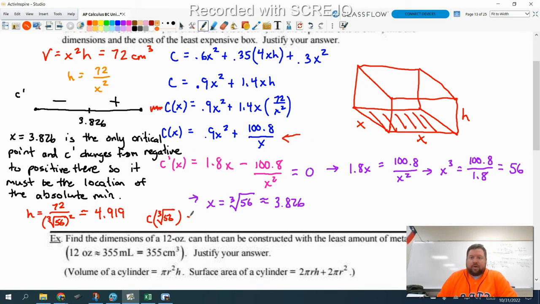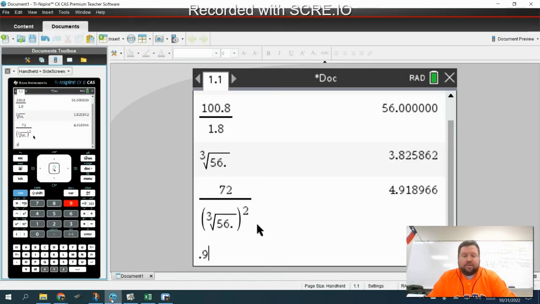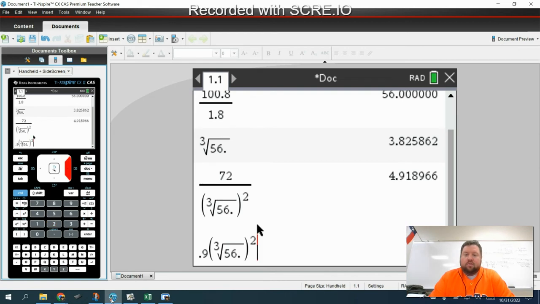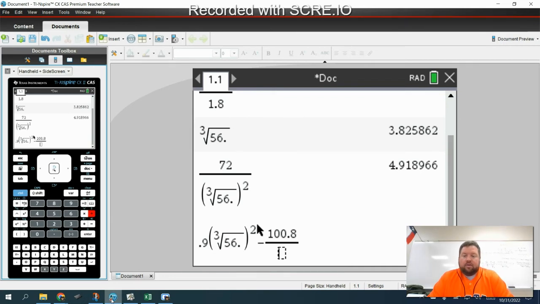All right, so that is approximately equal to, I'm not going to write it out with the numbers plugged in because we're using our calculator anyway. So it's 0.9 times the cube root of 56 squared minus 100.8 divided by the cube root of 56.